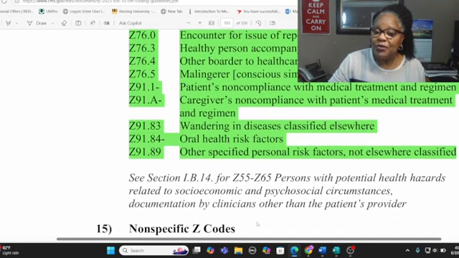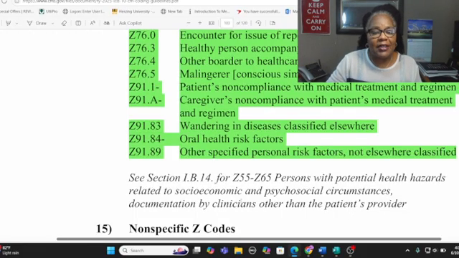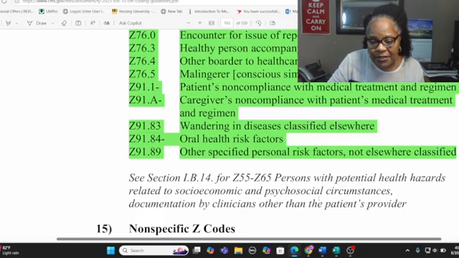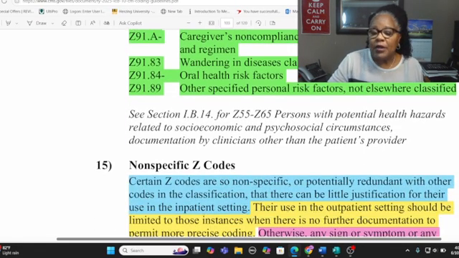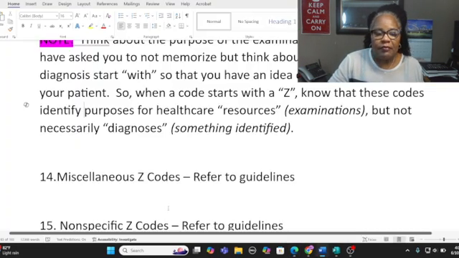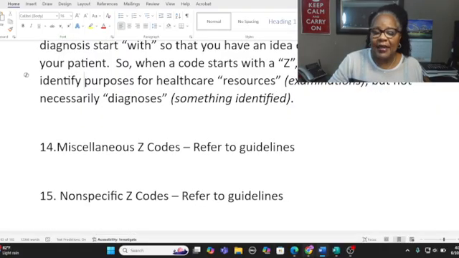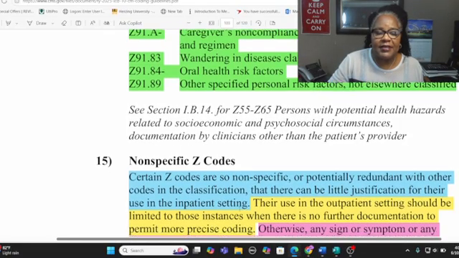Now there is a note there that says persons with potential health hazards related to their socioeconomic and psychosocial circumstances, documentation by clinicians other than the patient's provider, to go back to section 1B14 for Z55 through Z65. And that leads us down to 15, which is straight from the guidelines, okay? Let's see what 15 says.